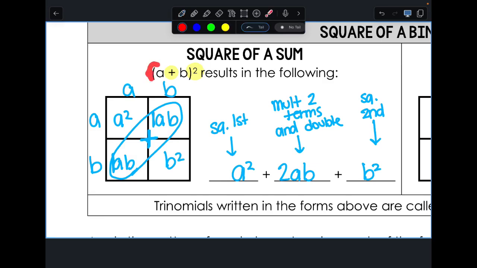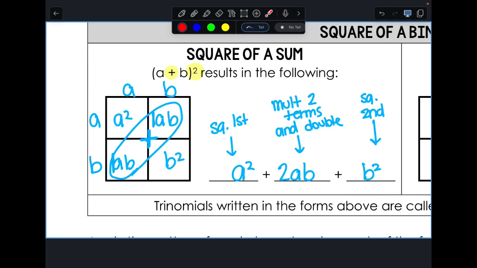So a squared, a times b is ab, double it, 2ab, b squared. Square the first, a squared. Multiply the two terms, a times b is ab. Double it, 2ab. Square the second term, b squared.